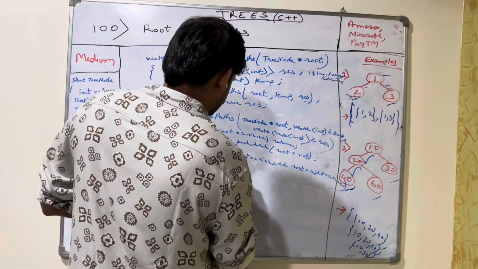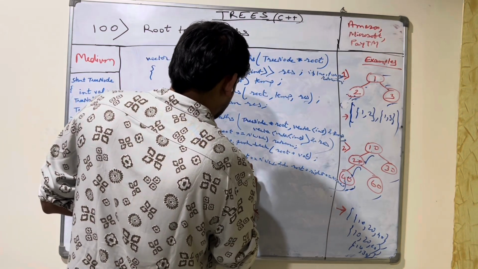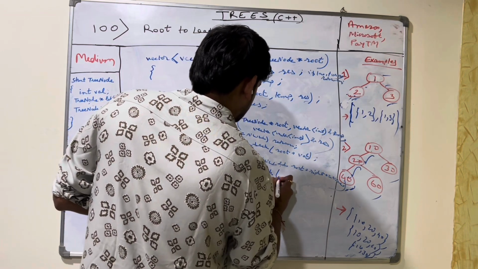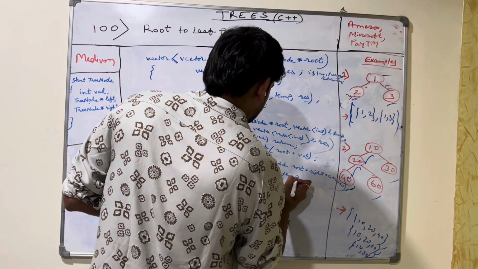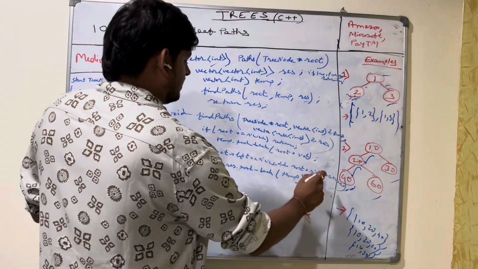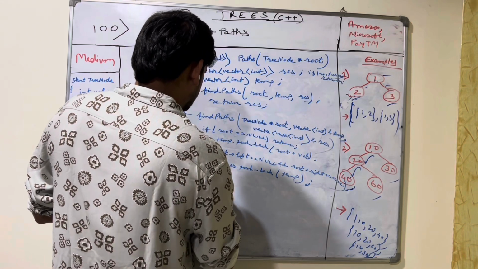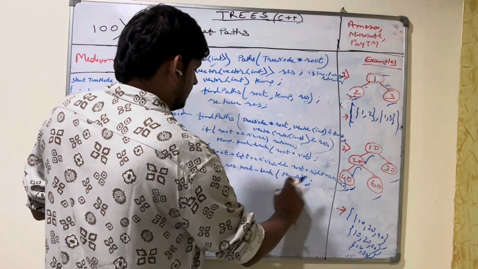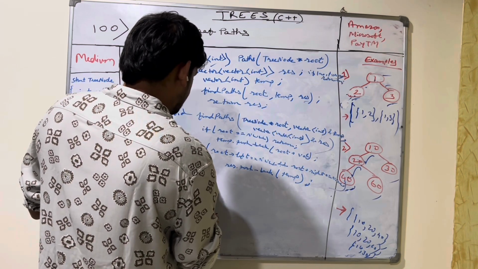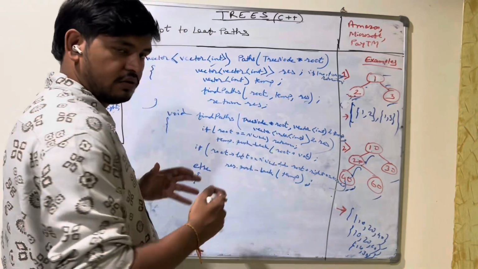We will add result dot pushback temp. We will push the temporary vector, whatever it will be there, into the result. Else, if it is not a leaf node, then we have to go to the left part and the right part.